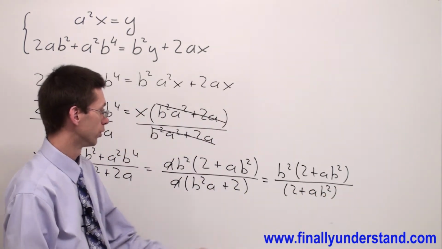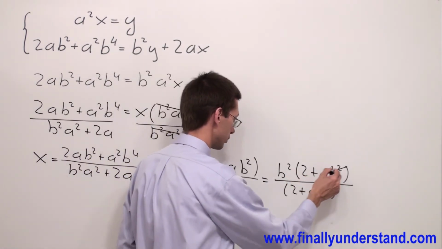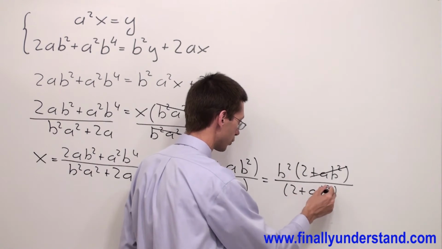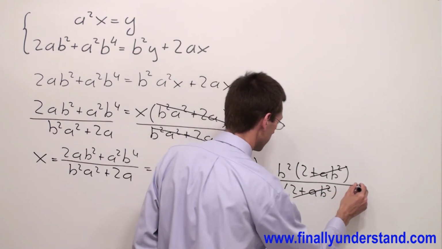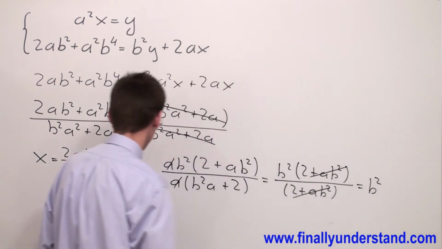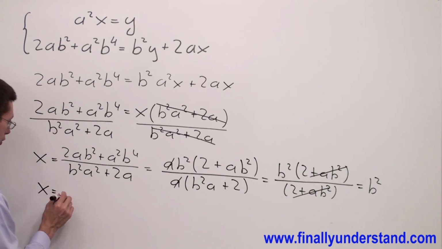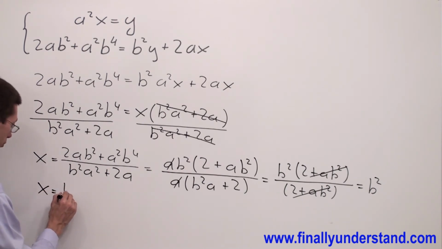Okay, so 2 plus ab squared is going to cancel out with 2 plus ab squared. And I end up with b squared. So I can say that x is equal b squared.